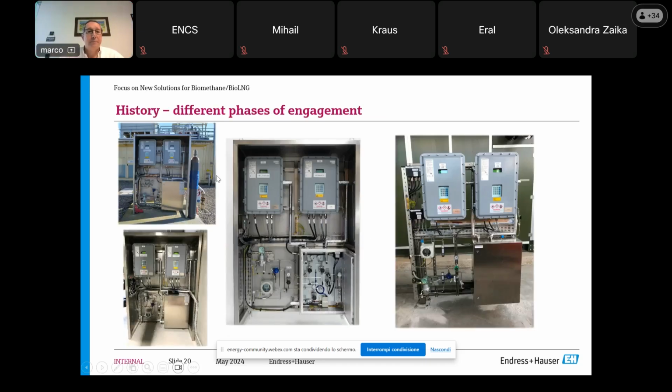These are all the different phases we pass through before achieving our last configuration. So, as I said before, we started from the Endress+Hauser analytical approach only, but then the market requires a complete integration.